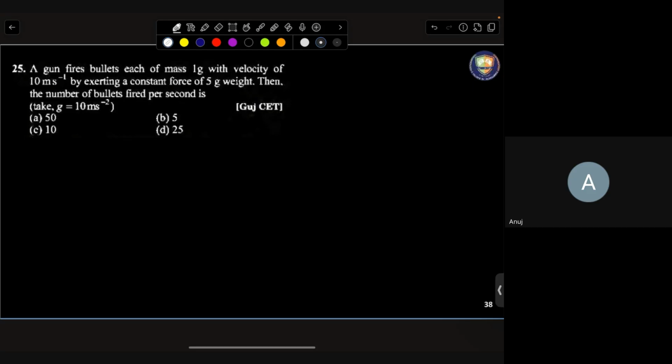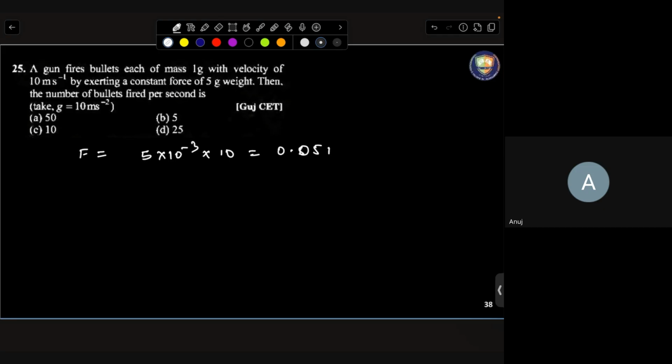Constant force F means what? 5 gram weight means 5 into 10 to the power minus 3 into g. That is, gram weight is generally considered as mg. Whatever mass multiplied by g will be the force you'll be getting.